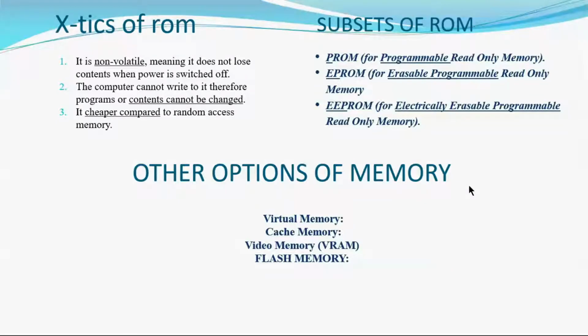Now today we are going to continue with what we call other options of memory. Now you'll most likely encounter what we call virtual memory. Virtual memory is mainly applicable in computers that have very little memory, for example the RAM.